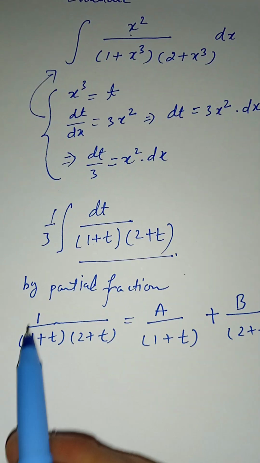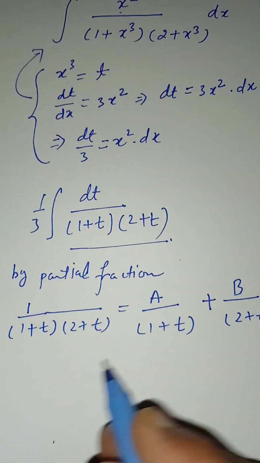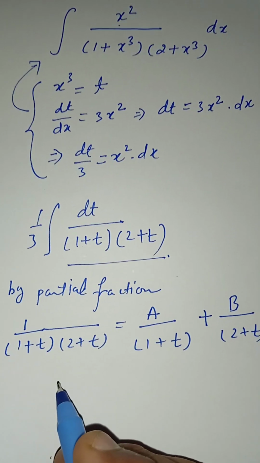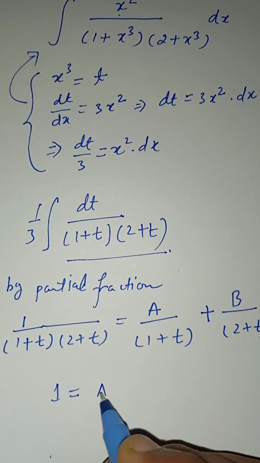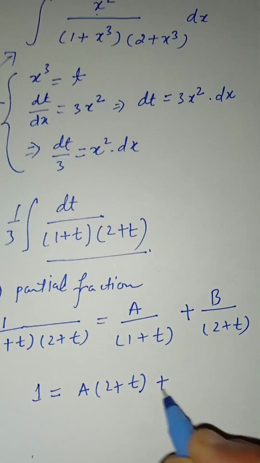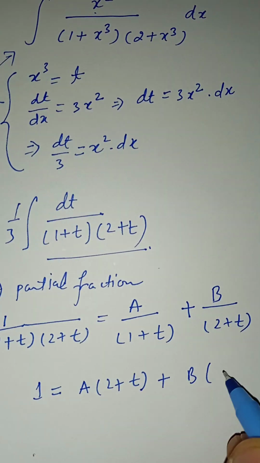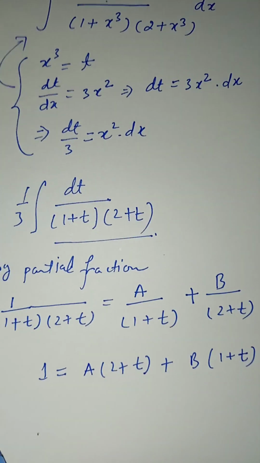Now one can easily solve this by taking the LCM on both sides and cancelling the terms. So you are left with 1 is equal to a into (2 plus t) plus b into (1 plus t).